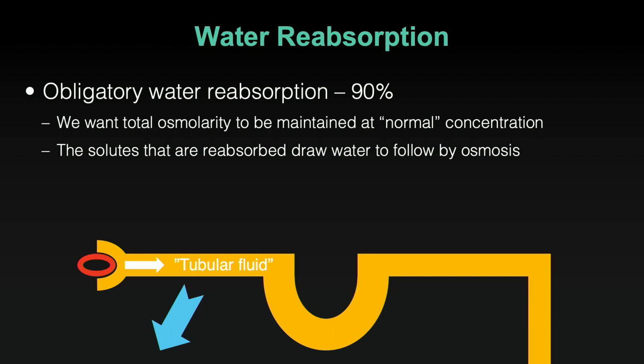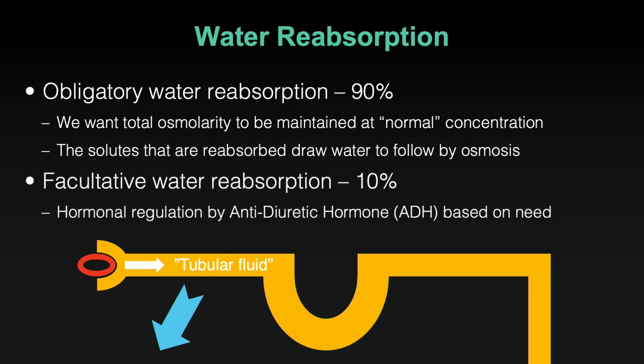Water is drawn by osmosis, it moves passively, doesn't need permission, but we can change how easily water moves later. We have control over whether we reabsorb a lot of water or slightly less water.